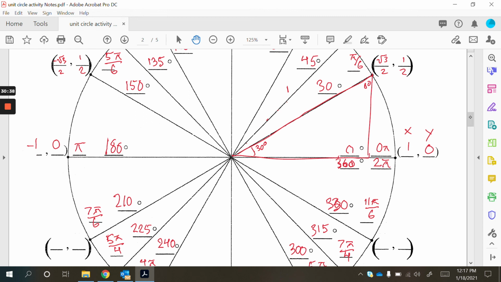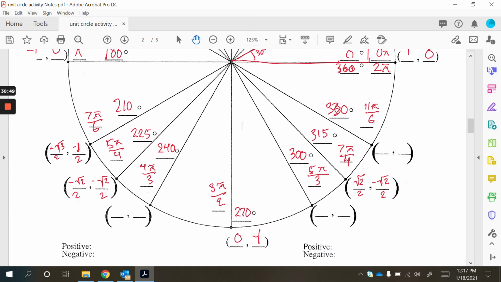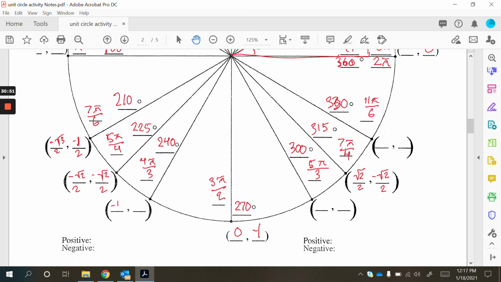We can then also take those same points and reflect them down. So we still went backwards, square root 3 over 2, and we went down 1/2. Negative 1/2, negative square root 3 over 2.